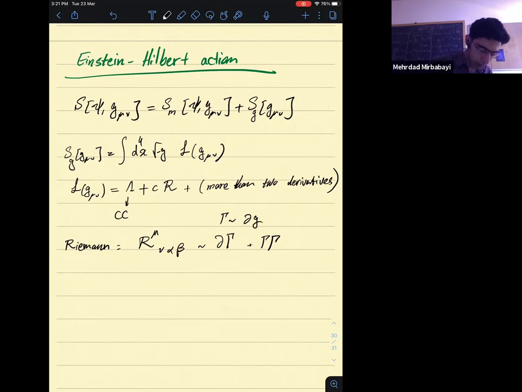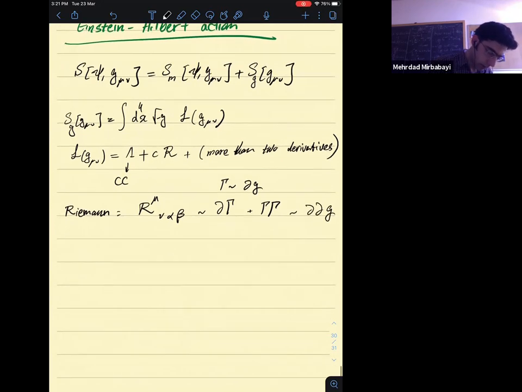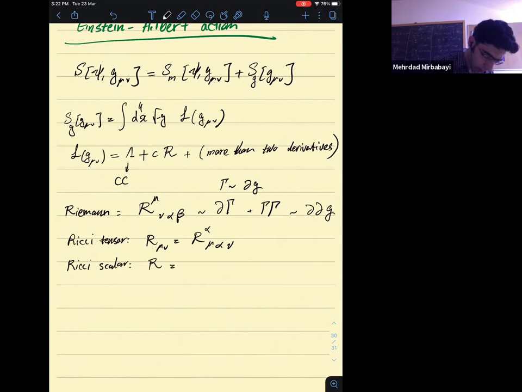Therefore, Riemann, since it has this structure, has two derivatives acting on the metric. Then we have the Ricci tensor R mu nu, which is obtained by contraction of the indices of Riemann. And finally, we have the Ricci scalar. As you see, these contractions do not change the number of derivatives, so the Ricci scalar also has two derivatives.